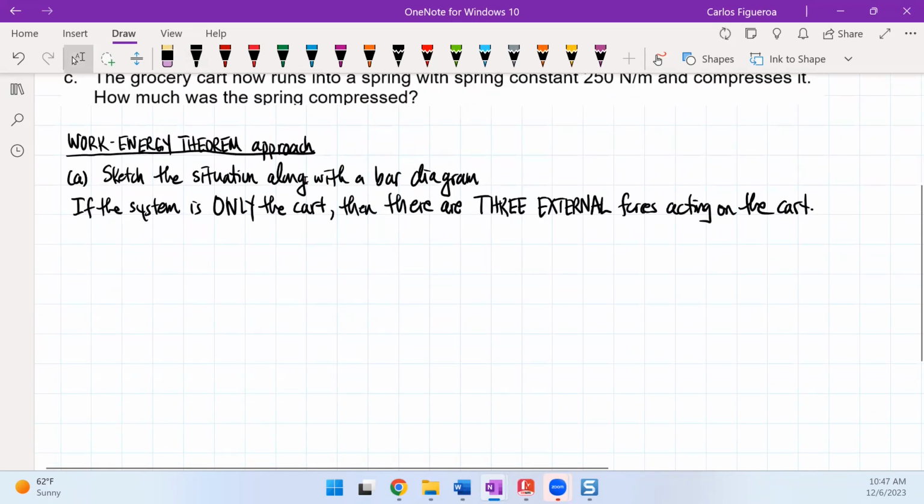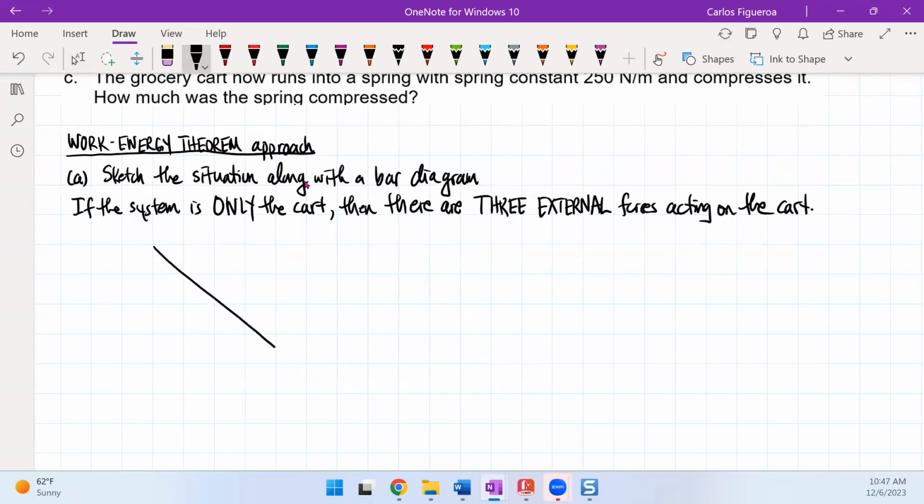So if I sketch this situation here, I'm going to have an incline and then a flat surface. And on this flat surface, I'm going to take a spring that is going to get compressed by the cart.